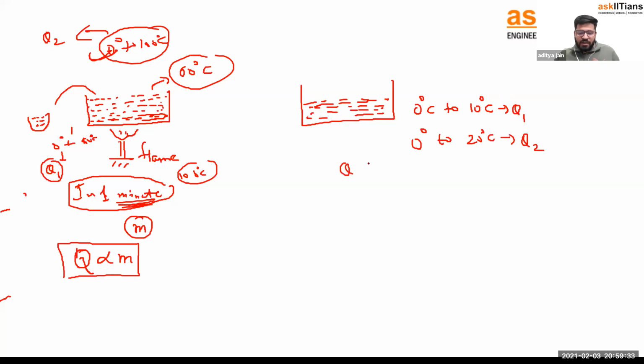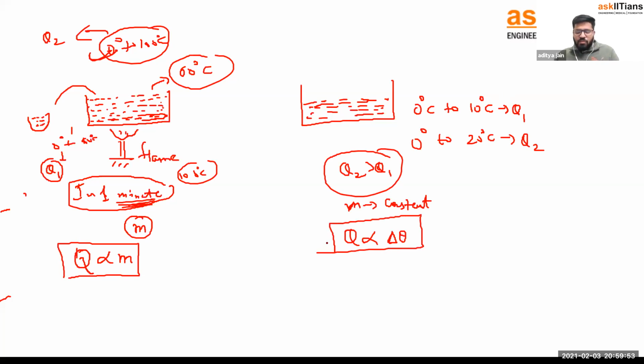So obviously Q2 will be greater than Q1. Yes or no? Obviously the heat required to make a larger increase in temperature will be more. So what can I say in this case? That if mass is constant, the heat required to raise the temperature is directly proportional to the increase in temperature. Yes or no? If more increase in temperature is required, more heat will be required for the same amount of substance.